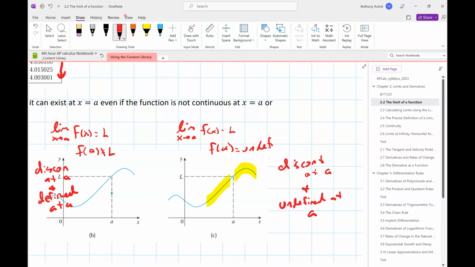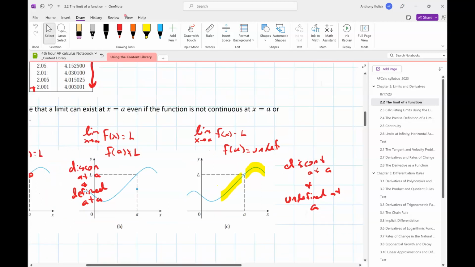I don't want to get into the habit of thinking that the limit is the same thing as what the function evaluates to. It could be, but not necessarily.